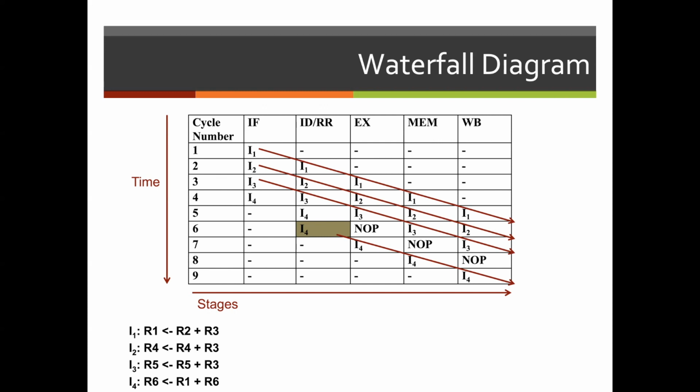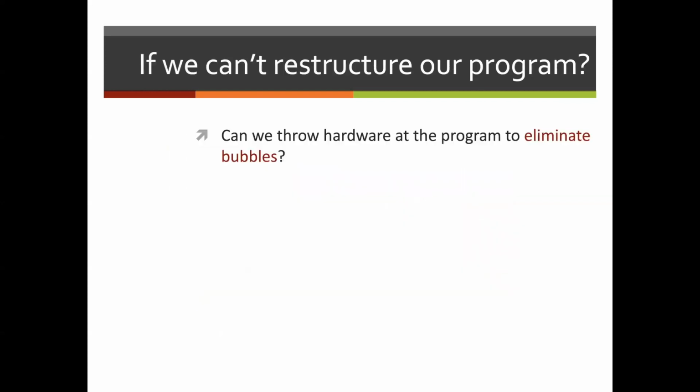And so this is one way in which we're able to reduce inefficiencies in our programs. And next we'll discuss other approaches that we can take to limit, to eliminate the bubbles by throwing in additional hardware constraints.